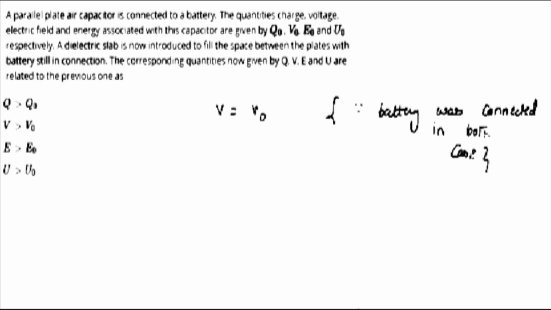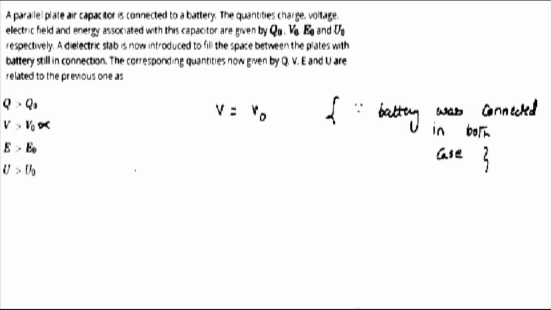So from here we can clearly say that the voltage remains the same. So V equals V naught. So this option straight away is an incorrect statement option.